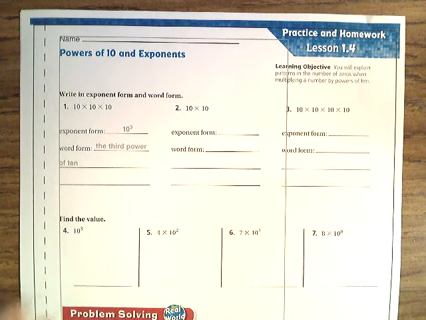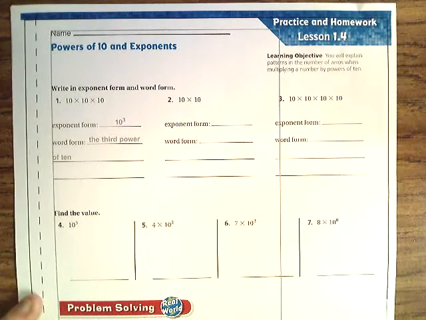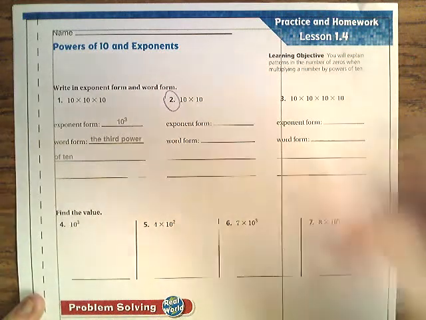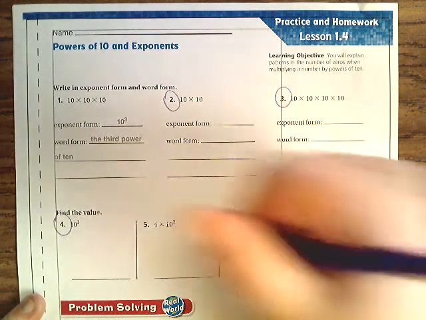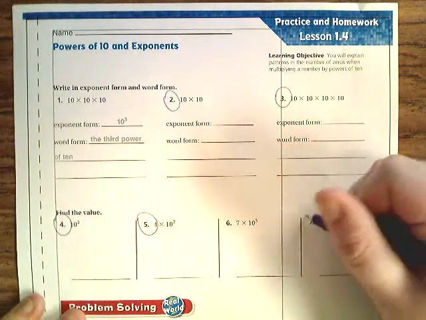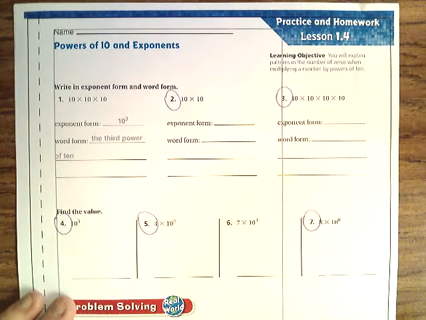So we're on page 27. You're going to circle the problems as I assign them, okay? I want you to do number 2, 3, 4, 5, 7, and 9.